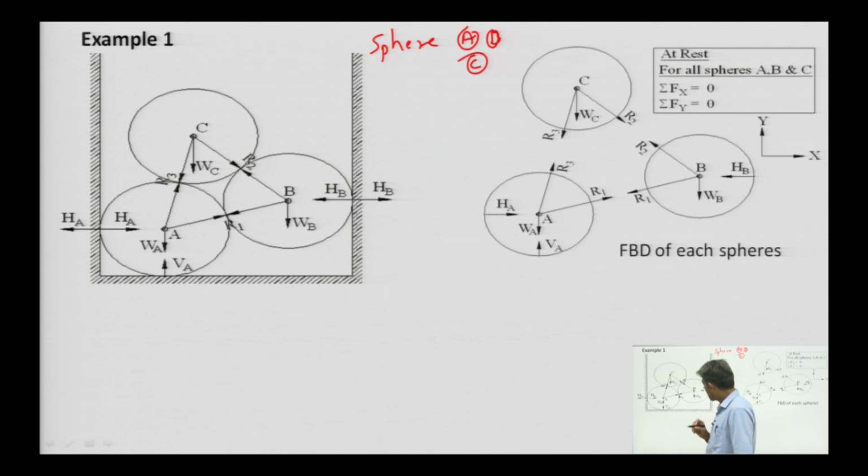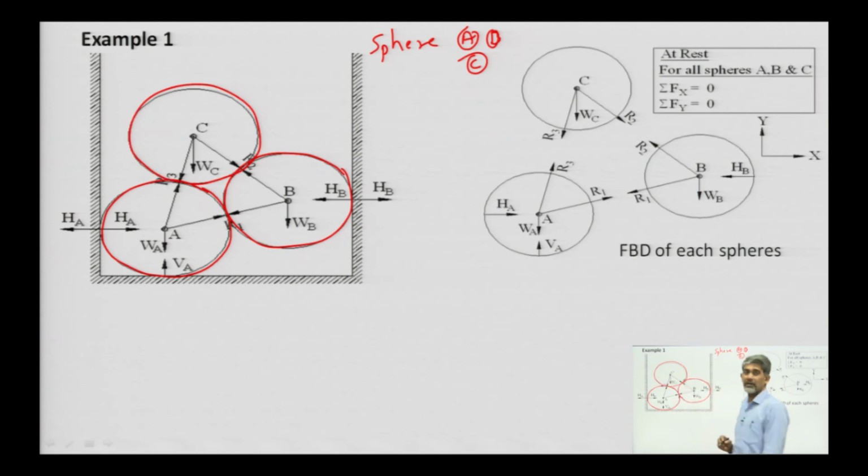This is sphere A, this is sphere B, this is sphere C. Sphere A is touching at 2 points in the frame and 2 points here, and similarly B is touching the frame at this point and here.